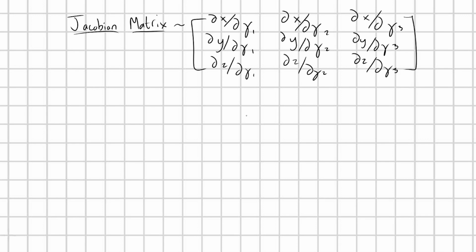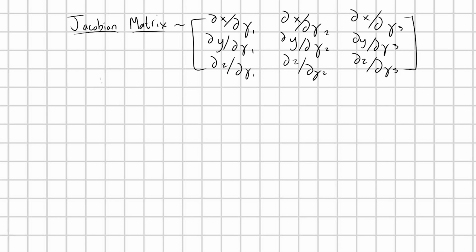If I introduced a new coordinate system comprised of coordinates gamma 1, 2, and 3, this is basically telling you every corresponding rate of change for my Cartesian coordinates x, y, and z for some arbitrary change in gamma 1, gamma 2, gamma 3, right? So it's very useful for a lot of things: linearization, it's a useful transformation matrix, and it's also useful for computing area and volume elements.